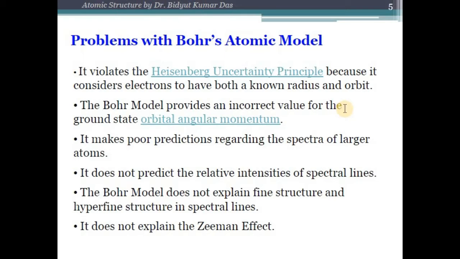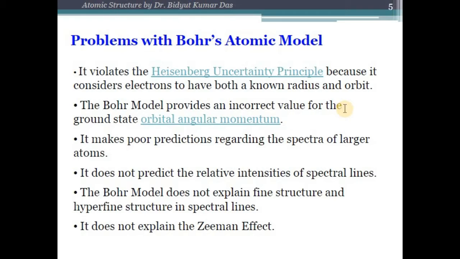So in Bohr's atomic model, once you say that electrons are revolving around a certain circular path, you are saying that you can measure the position of the electrons with 100% accuracy, which means that the error in calculating the momentum of the electrons will be infinite, which is quite impossible.